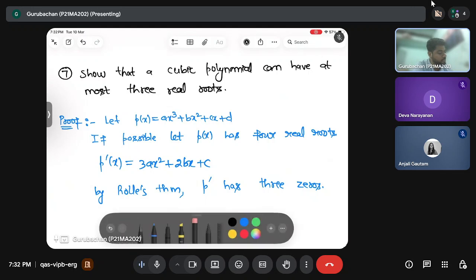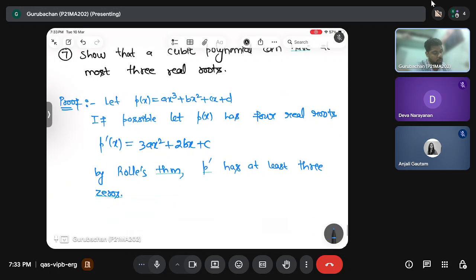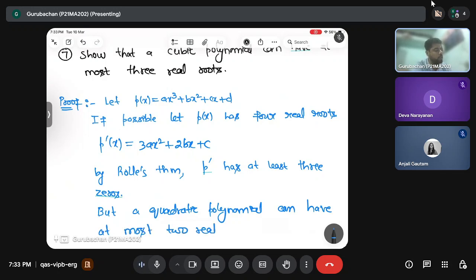So to be precise, we may write it like that: P dash has at least three zeros, but a quadratic polynomial can have at most two real roots.